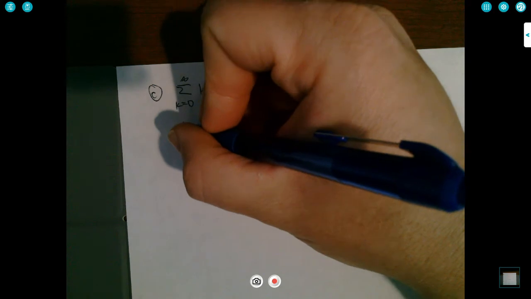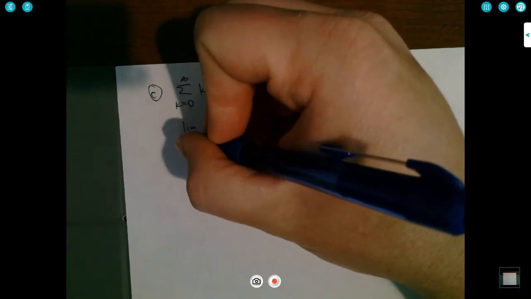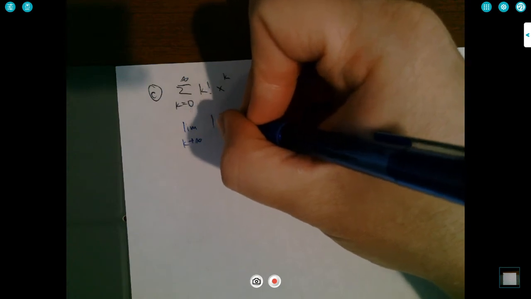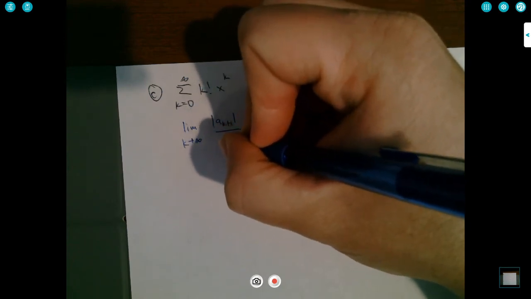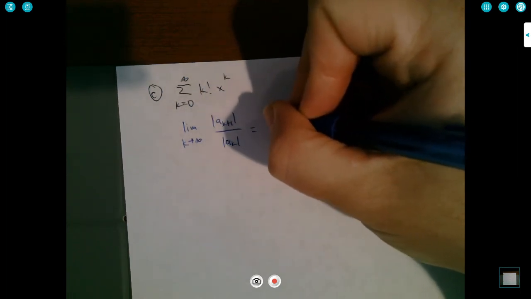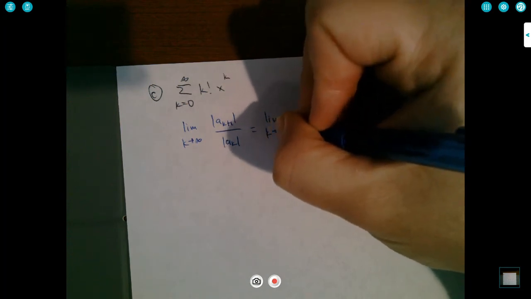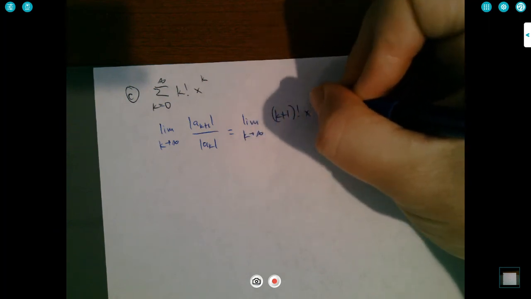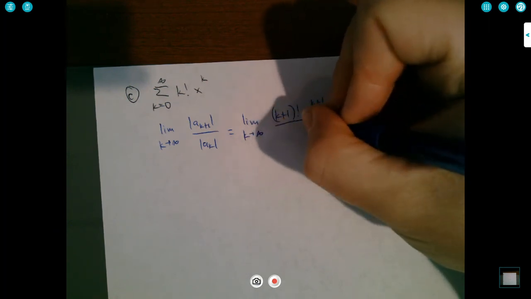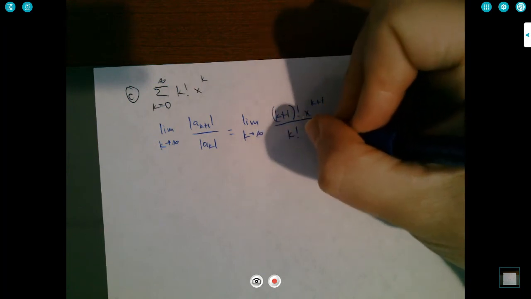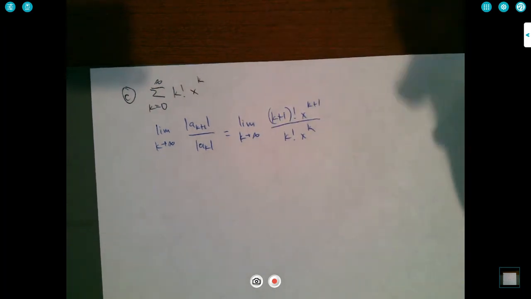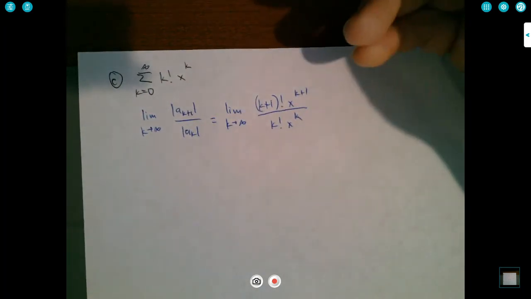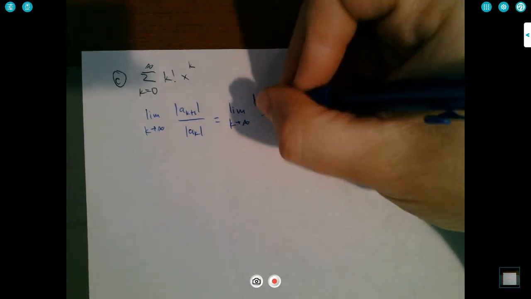So we'll look at the limit as k approaches infinity of the absolute value of a_(k+1) over a_k. That's the limit as k approaches infinity of (k+1) factorial x to the k+1 over k factorial x to the k, everything in absolute values, right?